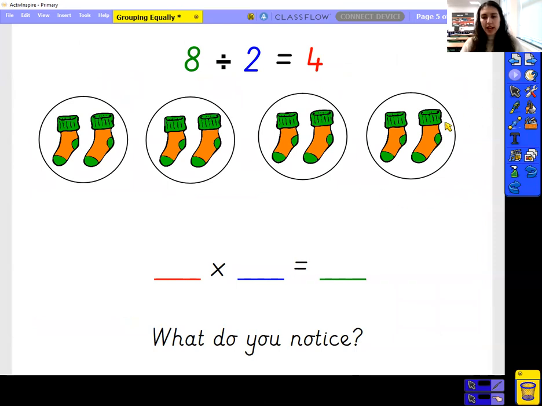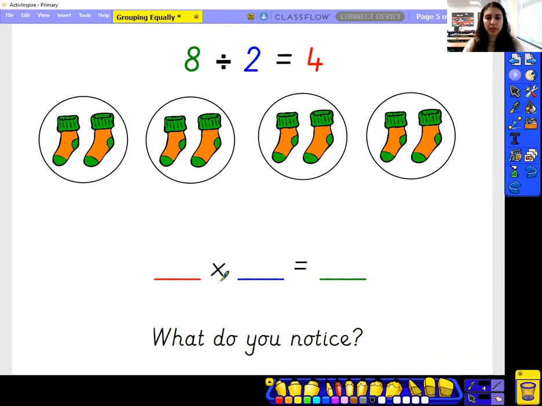So I just want to have a look at what we already know so far about this representation as a multiplication. The last 2 weeks we've been learning about multiplication, and we've been learning that we could say that we've got so many groups of, so we could say that we've got 4 groups of 2, and altogether that would be 8.